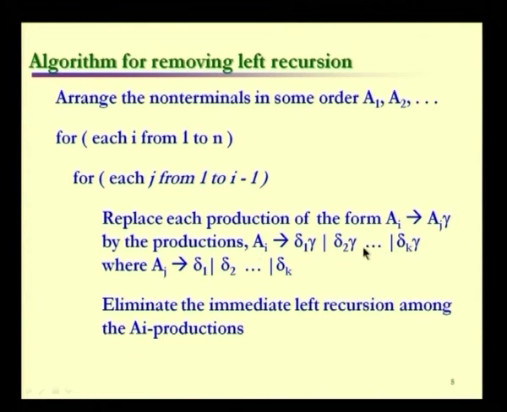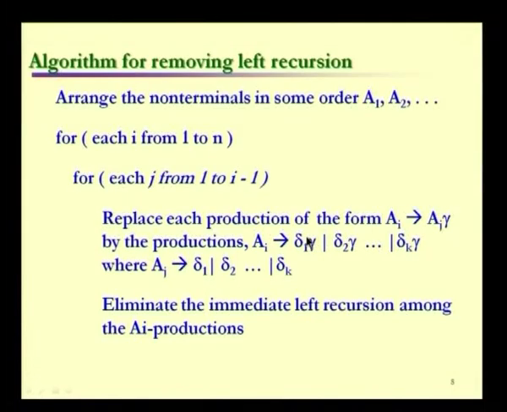So, this may give you an immediate left recursion or may not. And if it is generating any immediate left recursion, it will be of the form A I derives A I alpha 1 or A I alpha 2 etc. And if it does not create an immediate left recursion, once again it may either start with the terminal or with the non-terminal.